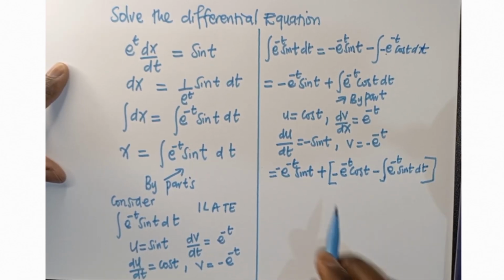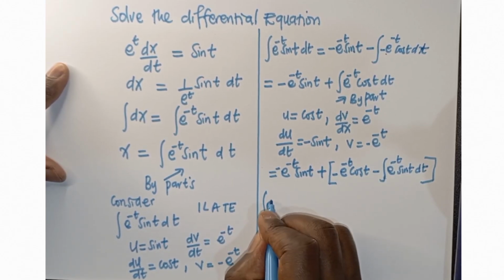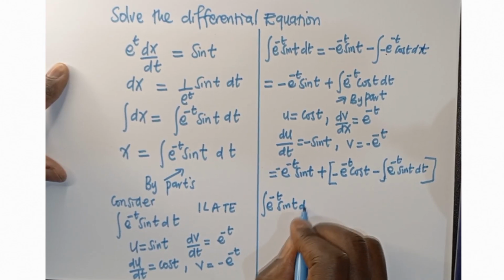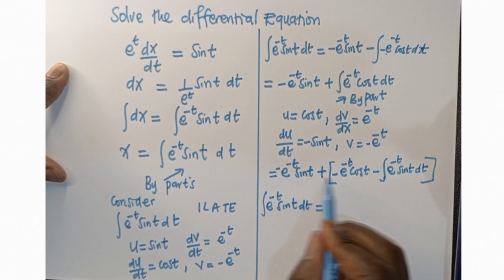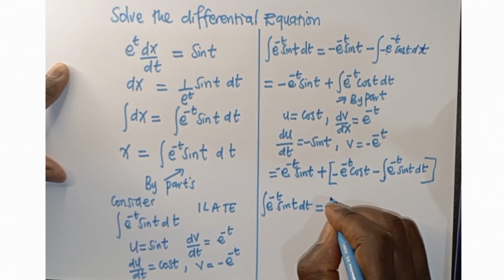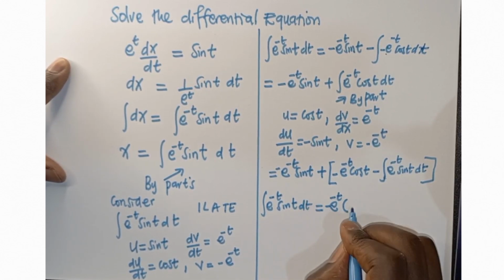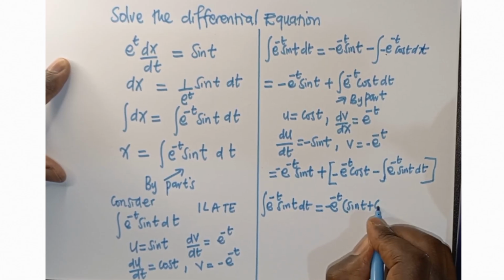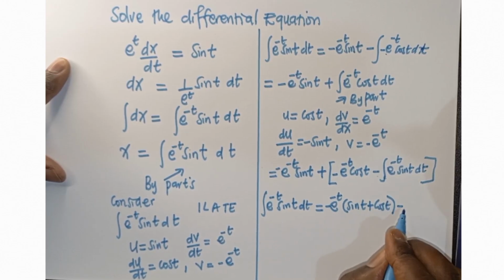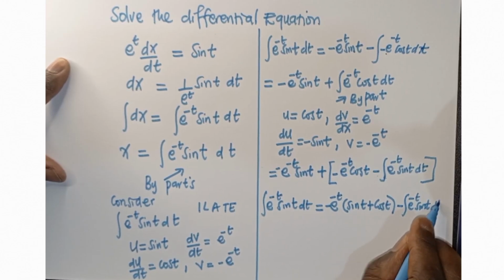So when we simplify, we realize that our integral of e to the negative t sin t dt will equal, those ones we can pull out a common factor, which is negative e to the negative t into sin t plus cos t, then minus the integral of e to the negative t sin t dt.